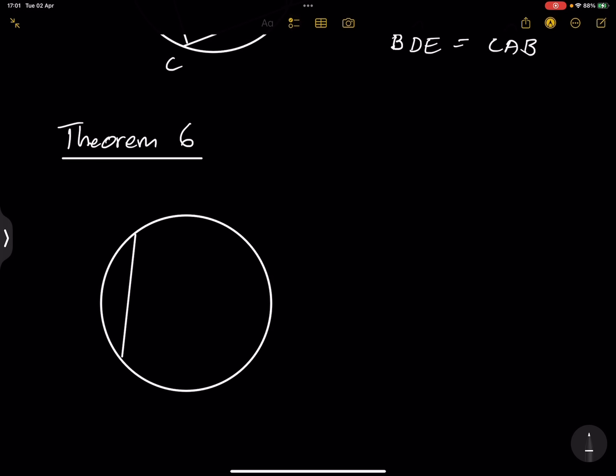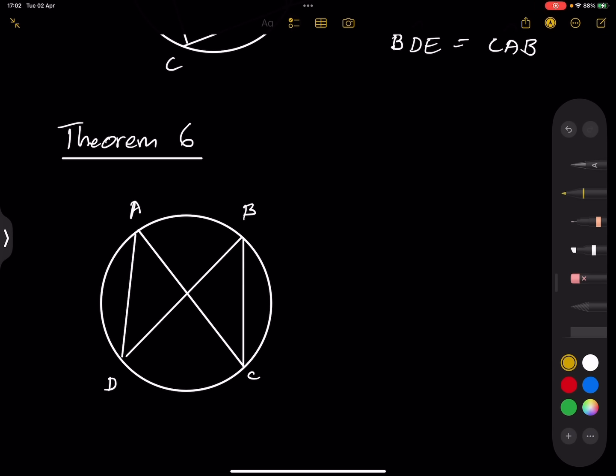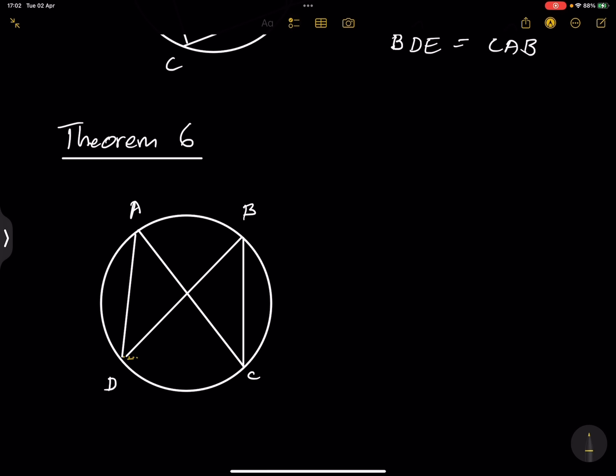Now theorem 6 has to do with angles subtended by the same chord. So let's suppose that we've got A, B, C, and D once again. Note we say these are subtended by the same chord or they are subtended by the same arc. I'm going to show you which one is the chord here. Imagine there's an imaginary line that I've drawn.